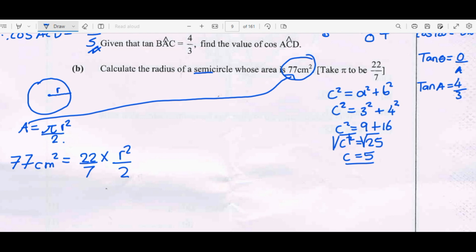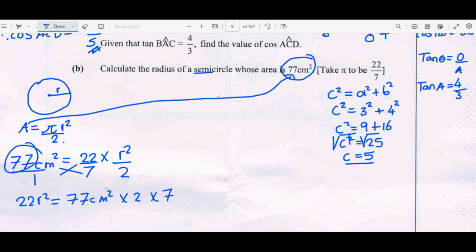Now under math paper 1, you need to find ways of simplifying. So what I like to do is I'm not going to find the actual product, but I'm just going to cross multiply. So 22 times r squared will give us 22 r squared. Then 77 will just be written like that, times 2 times 7.